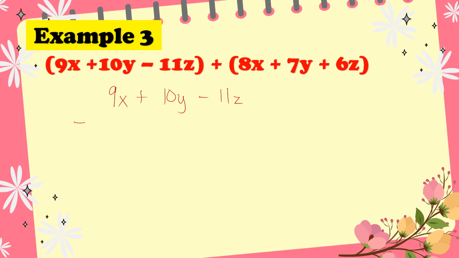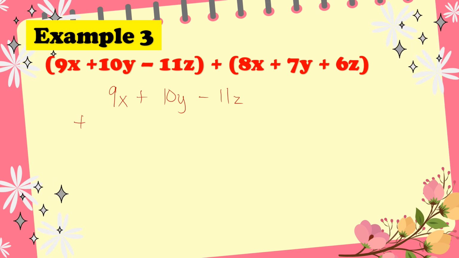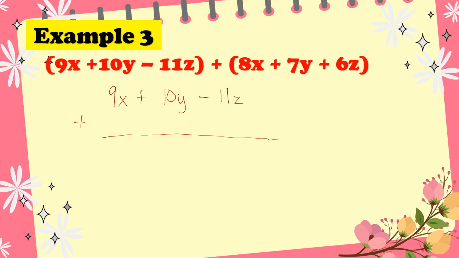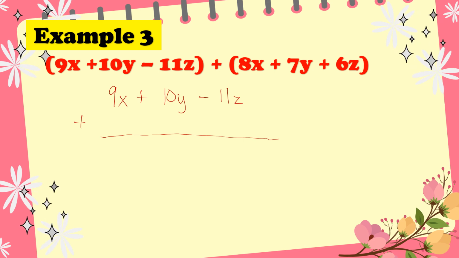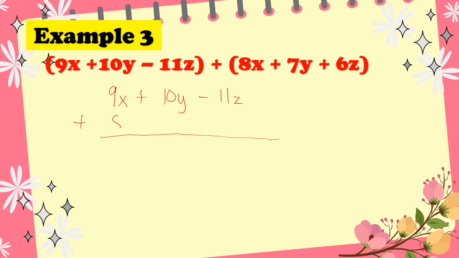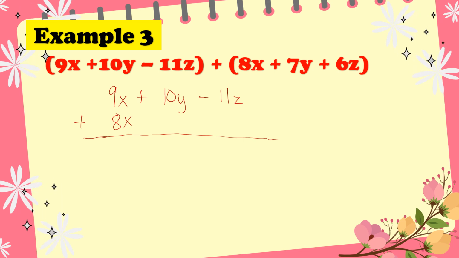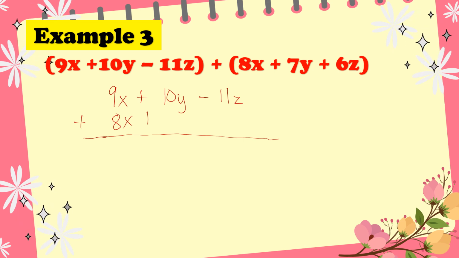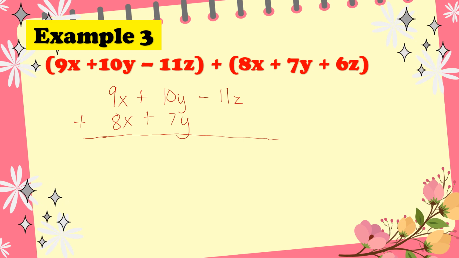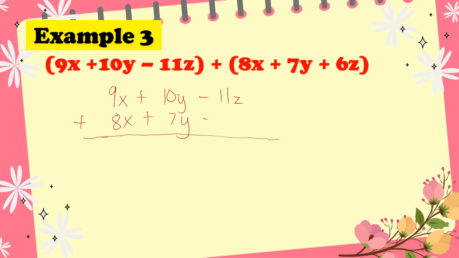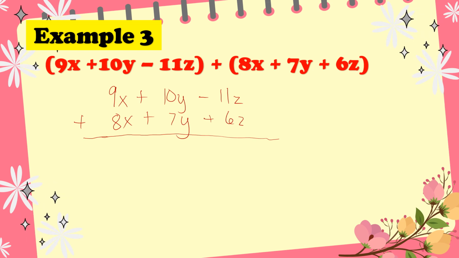So, i-align lang natin yung mga terms in such a way na dapat magkakatapat yung similar or like terms. Dapat nasa isang column lang sila. So, ang like or similar kay 9x is si 8x. Kaya doon natin siya ilalagay sa ilalim niya. Okay? Tapos, similar kay 10y, si 7y. And then, similar kay negative 11z is positive 6z.